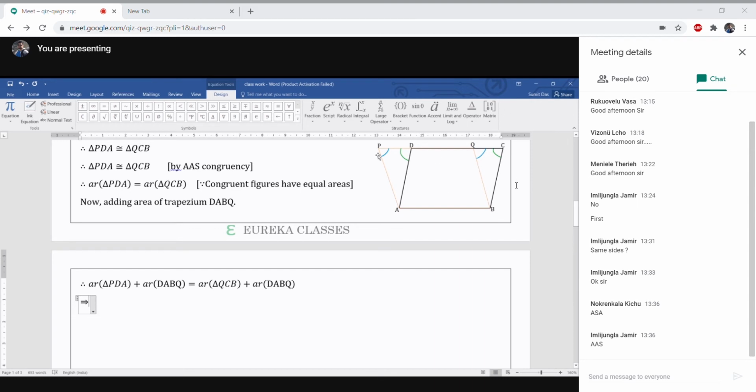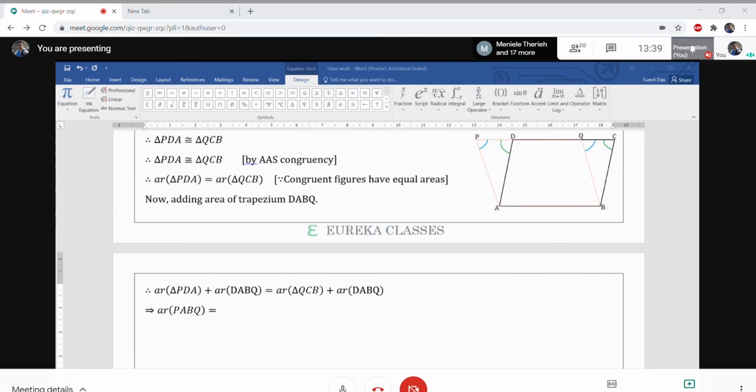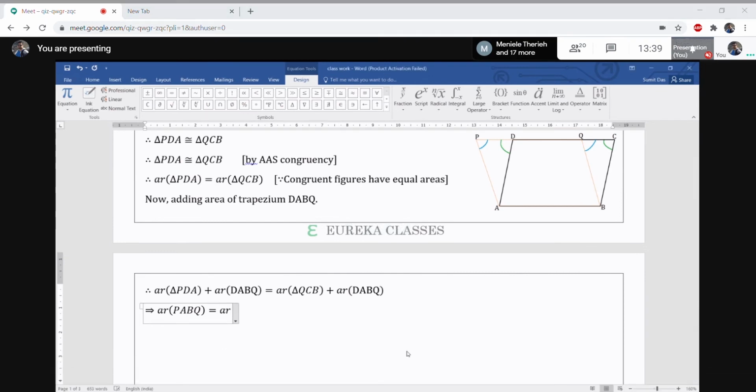I will get the area of PABQ. Similarly, on the right hand side, with the triangle QCB, if I add DABQ, what will I get? I will get the whole parallelogram ABCD. So this is also the area of parallelogram ABCD.